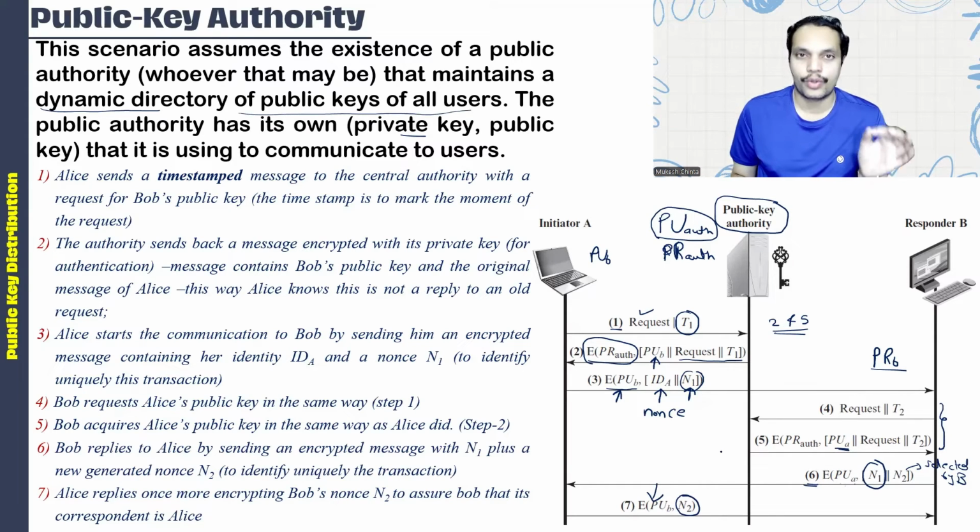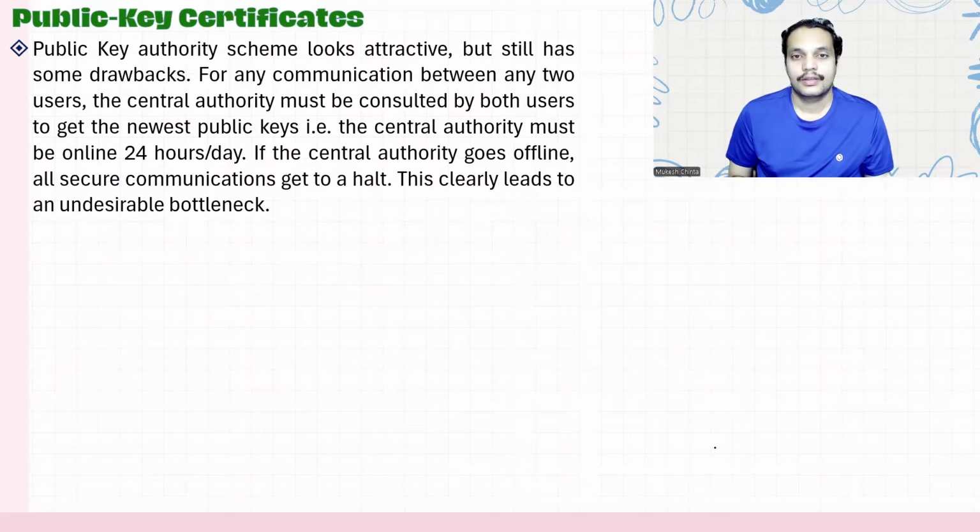There is no intruder or attacker masquerading as A or B, because only A and B know their corresponding private keys, and only if they know them will they be able to decrypt the messages to find out what N1 and N2 are. Understood?